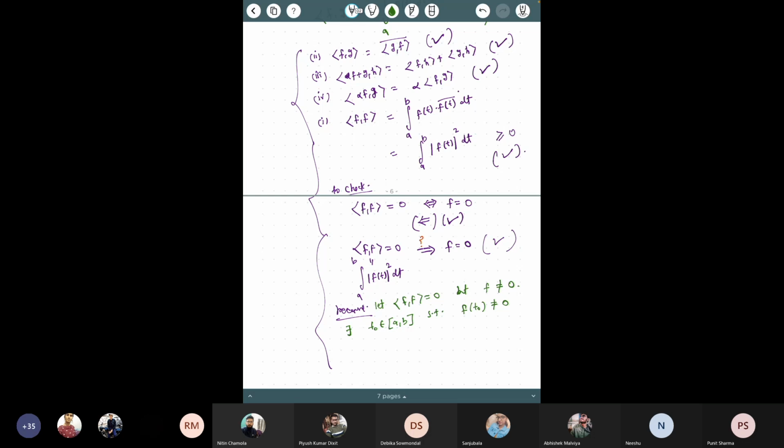But since f is a continuous function and this function is non-zero at a point, this implies that there exists an interval, let's say delta greater than 0, such that this function is not 0 for all t, sorry, in this delta neighborhood of t naught.